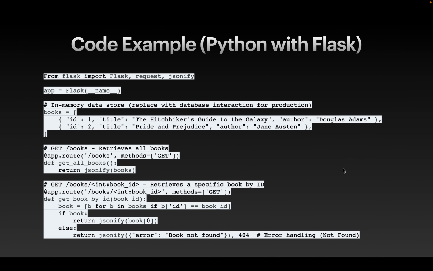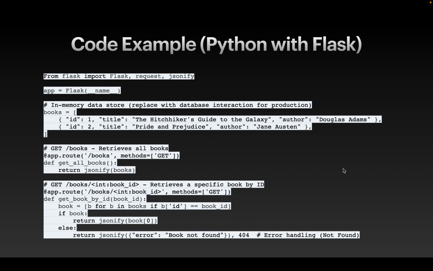Here is a short example in Python with Flask that represents how we build a RESTful API. In this one, I'm just creating an in-memory book data structure. I'm not using any database here, just creating two book records.